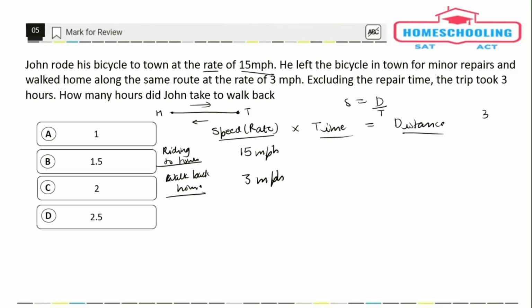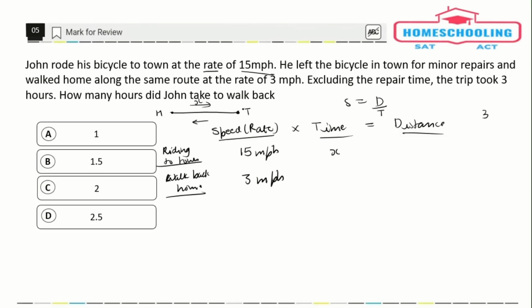So let's say that from here to here we are going x hours. So let's keep that as x. Because the total time is 3, going from home to town and walking back from town to home, both distances are covered in 3 hours.